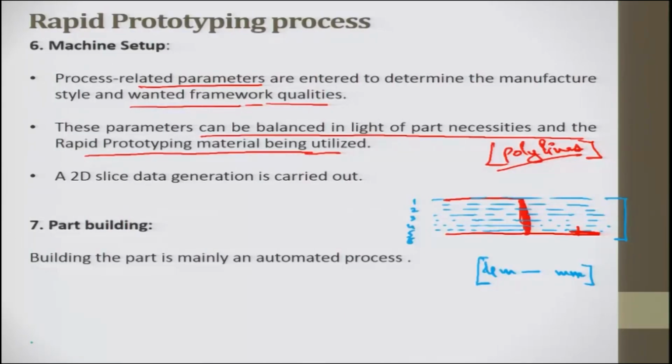Then comes the part building. Building of the part is mainly an autonomous process here. So the only thing that is to be done here is monitoring. The machine can carry this process without any supervision. A little monitoring of the machine is required at this time to ensure that no errors have taken place.